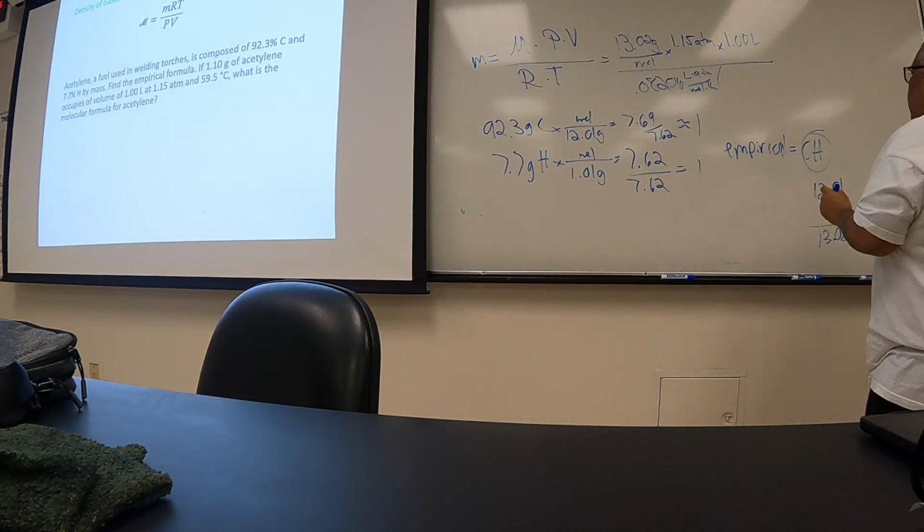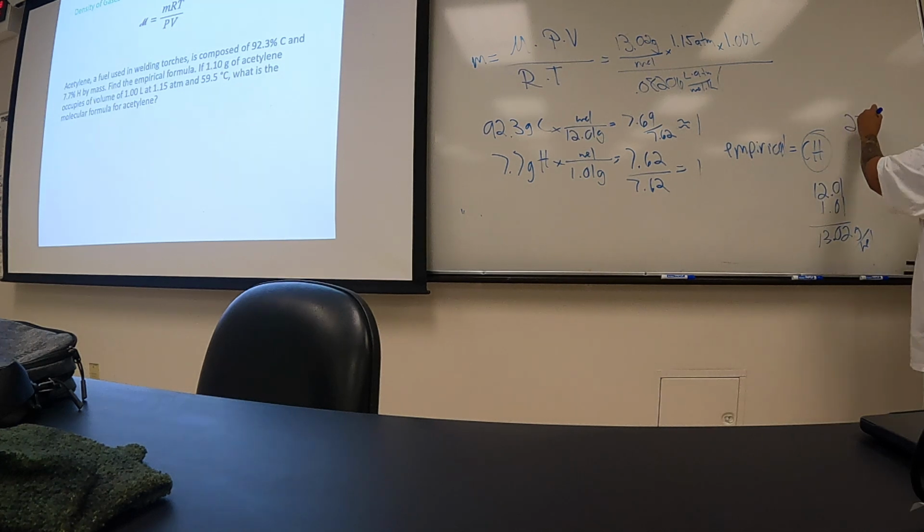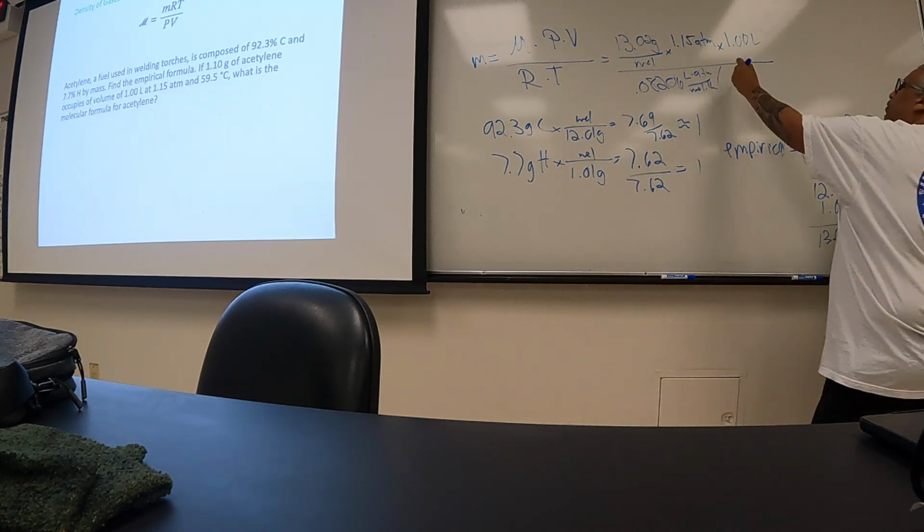And the temperature is 59.5, so 273 plus 59.5 is 332.65.